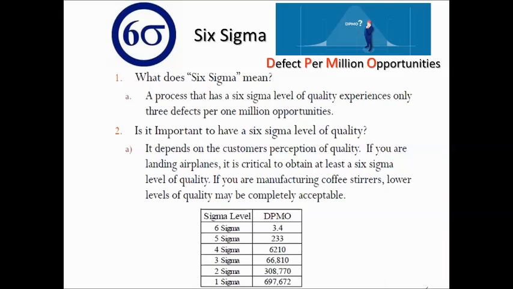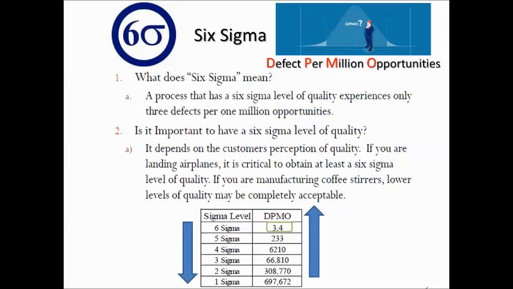And if we calculate the defects per sigma level, we will find that if we decrease the sigma level, the number of defects per million will increase. In Six Sigma, it is only 3.4. In 5 Sigma, it is 233 defects.